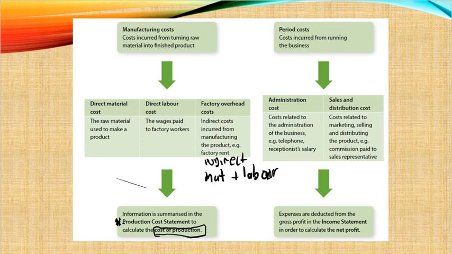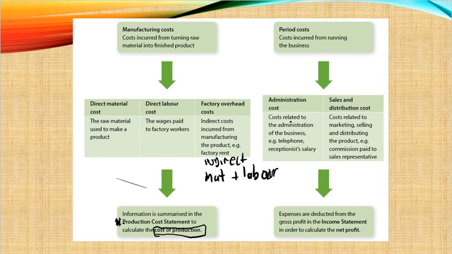Okay. Then our period cost. So those are the costs incurred from running the business on a day-to-day basis. So again, this is our factory, administration department, and our sales and distribution department. So all 3 departments here are represented in the costs.